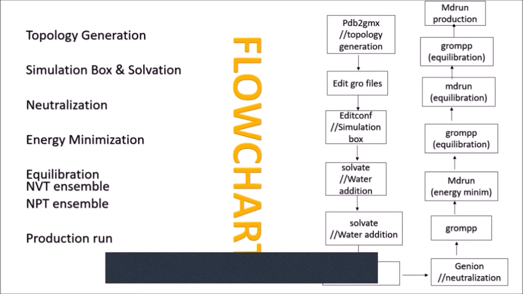All of the systems in our body would be in the minimum energy level, so we set a certain energy tolerance and minimize the systems, with different sorts of algorithms. Another thing is we equilibrate the system, using different kinds of thermostats and barostats to control such thermodynamic parameters. Then we make the production run. Would you go to the next slide?